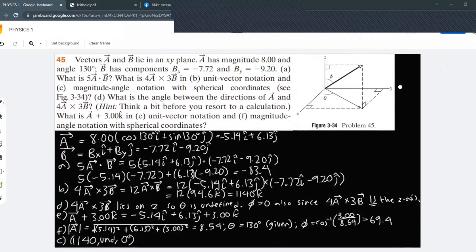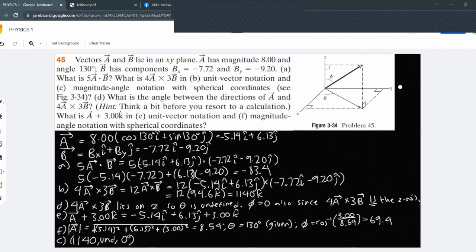When you take a dot product, the dot product of two vectors is equal to the magnitudes times the cosine of the angle. So from there, you can get the angle.